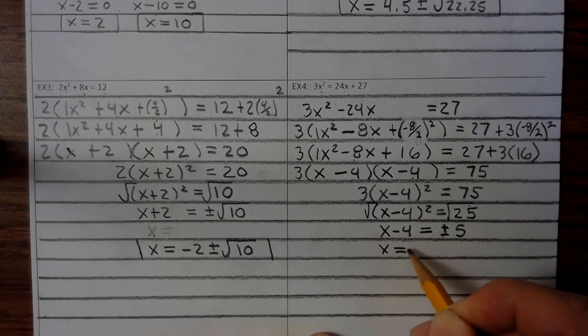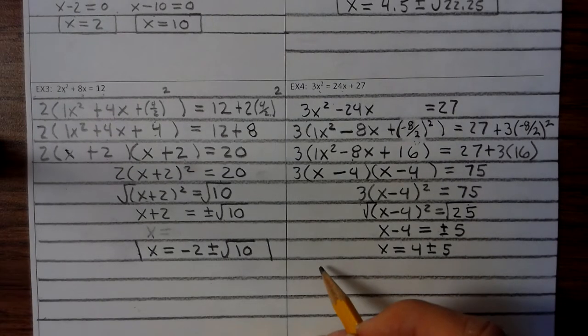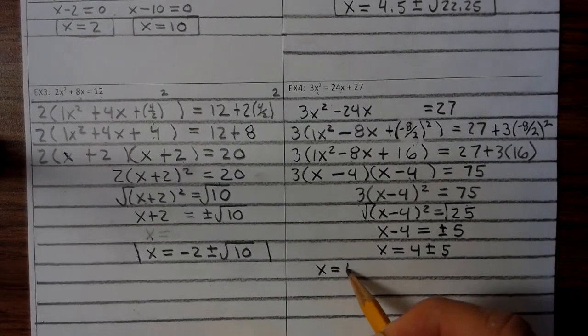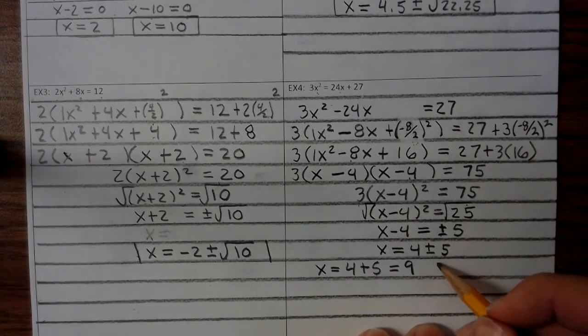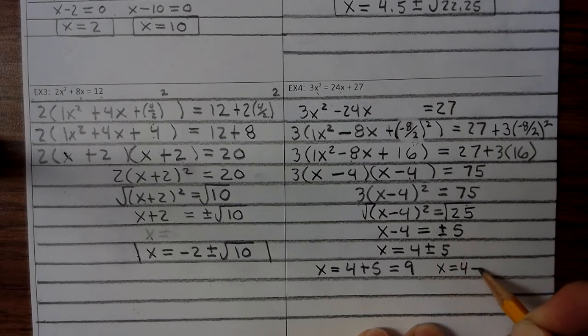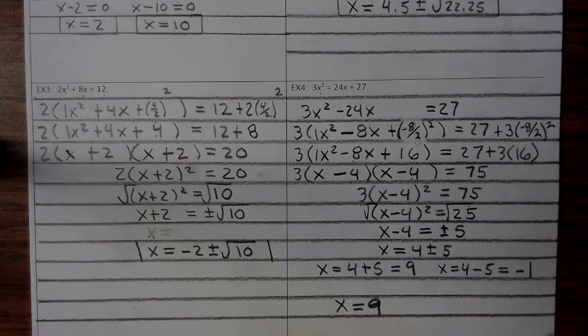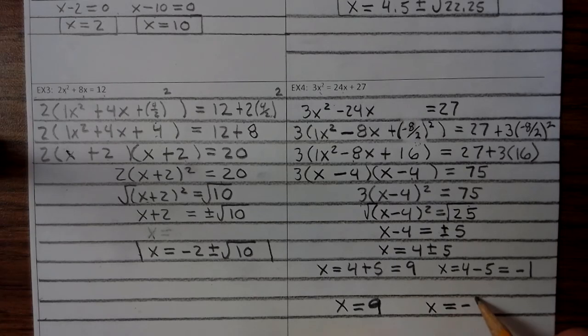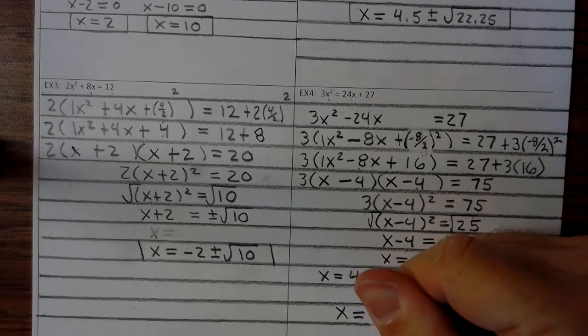So x equals 4 plus or minus 5, which we can separate to say x equals 4 plus 5, which equals 9, and x equals 4 minus 5, which equals -1. So our answers are x equals 9 and x equals -1. And I don't know what happened with that 9, but let me try writing it.